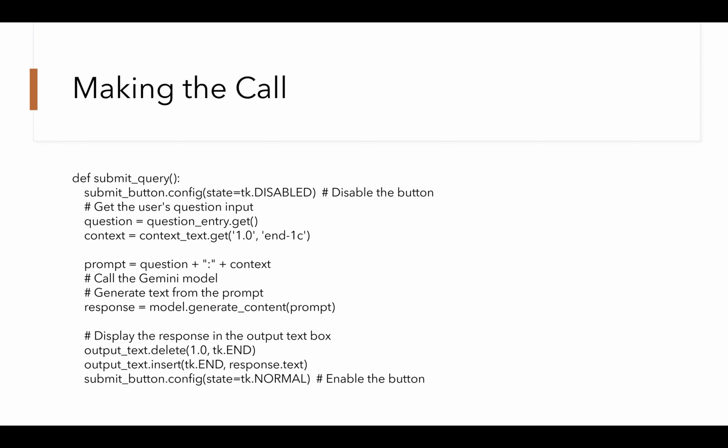And then I just call the model, passing those things to it. And when I get the results, I then delete the current output text, so I've got space for the new output. I insert what the API returned to me, and I re-enable my submit button. When I call the function, I disable the submit button so that they can't keep clicking submit while the API is processing. It's going to take some time.